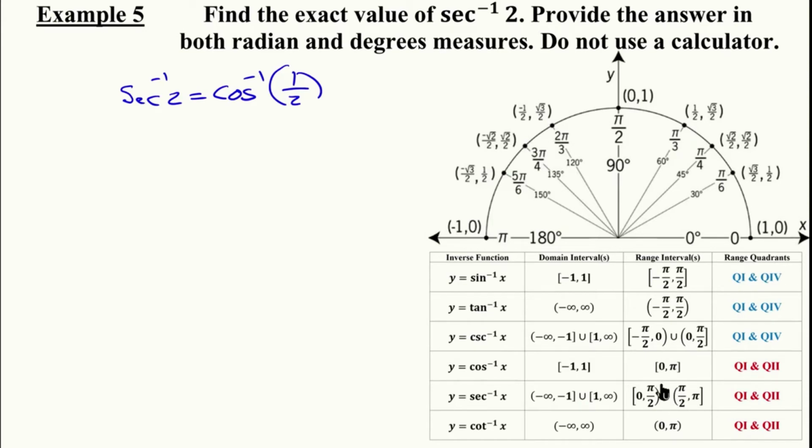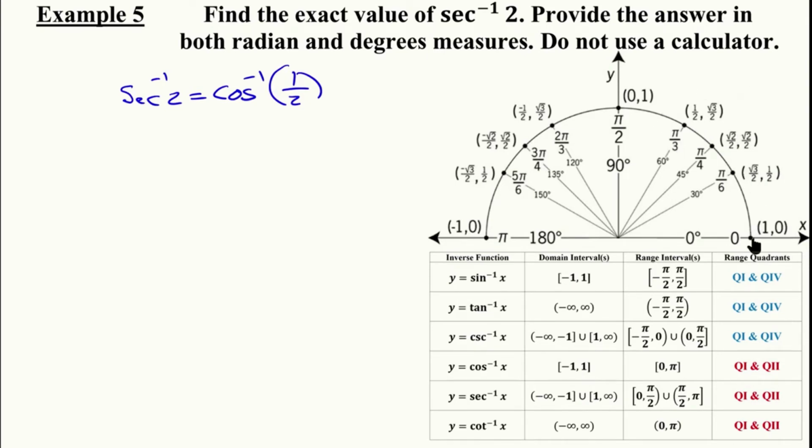So for all practical purposes right now we can just worry about this. So we're looking for an angle between 0 and pi whose cosine is 1/2. And of course, cosine is the x value. So as we look in here, we can see that the angle whose cosine is 1/2 is pi over 3.